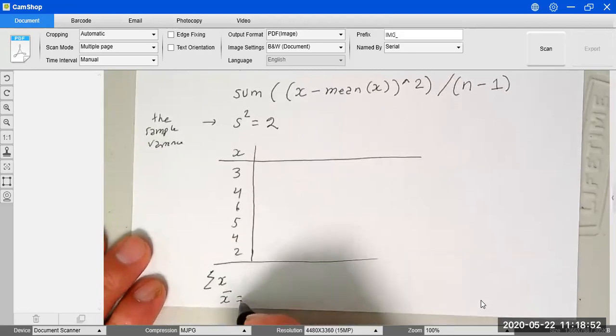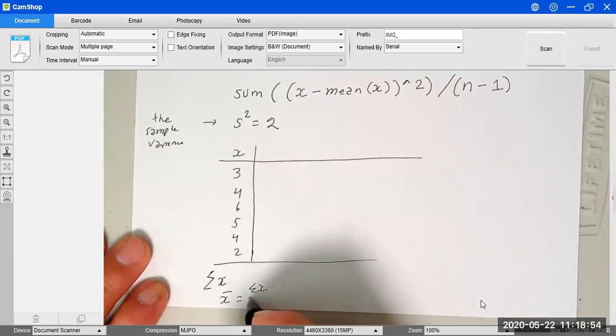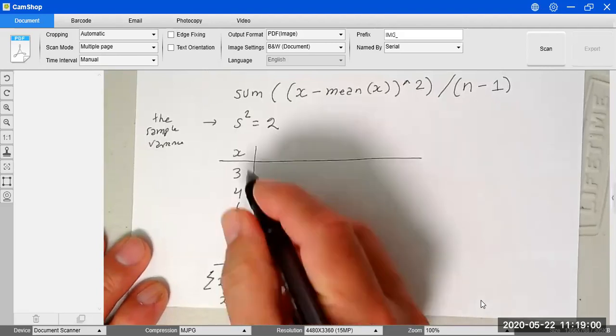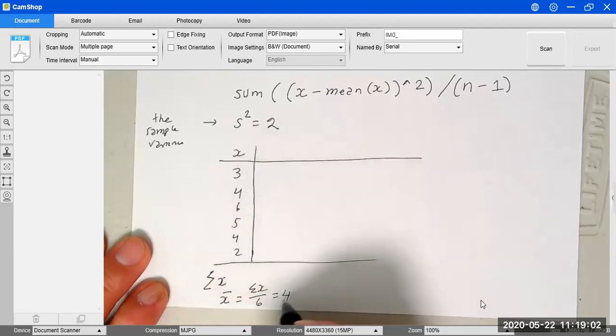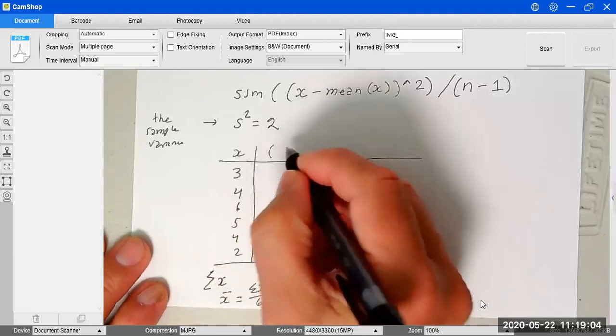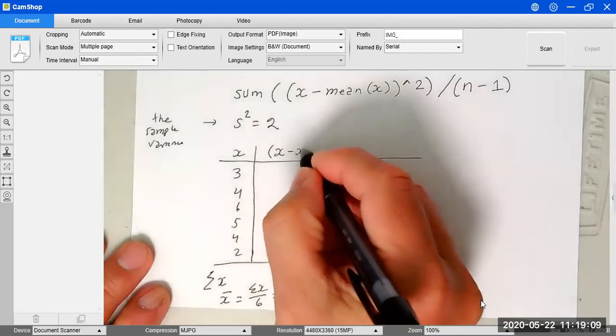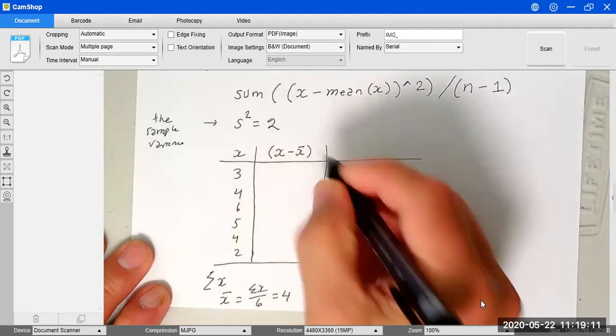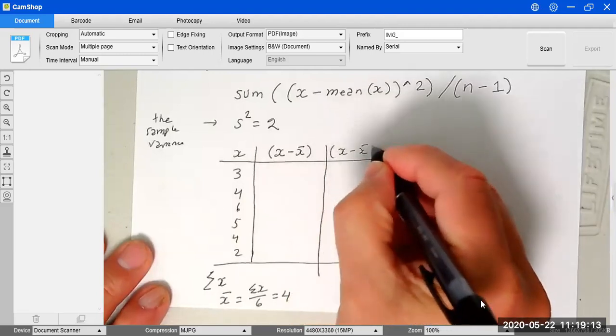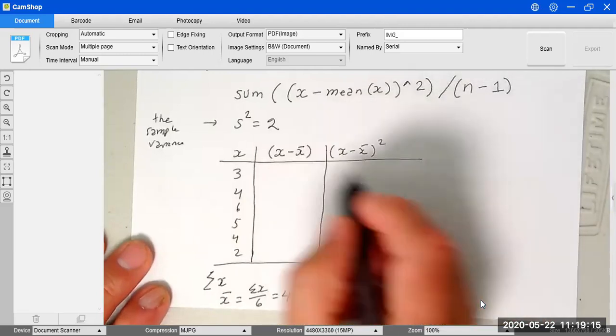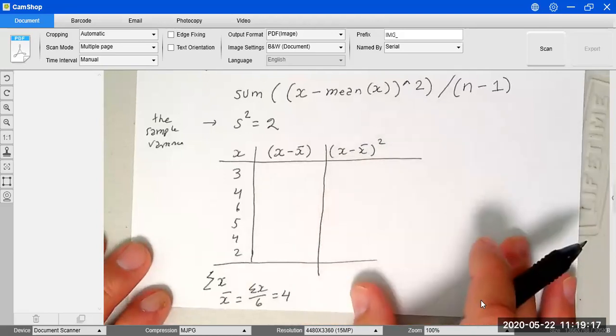So the mean is the sum of x divided by n, which is just 6. If you add up these values and divide by 6, you're going to get 4. Now your next column is going to be x minus x bar, and the other column is just the square of this difference. We are using x bar because now we are dealing with a sample.